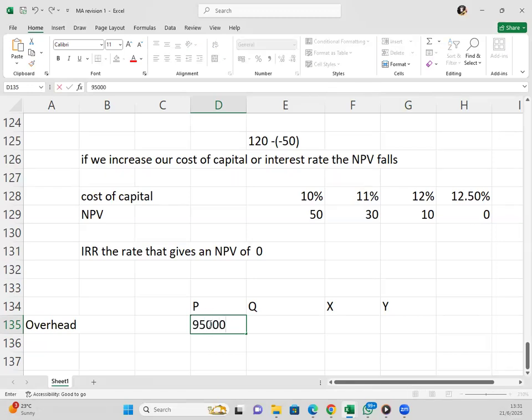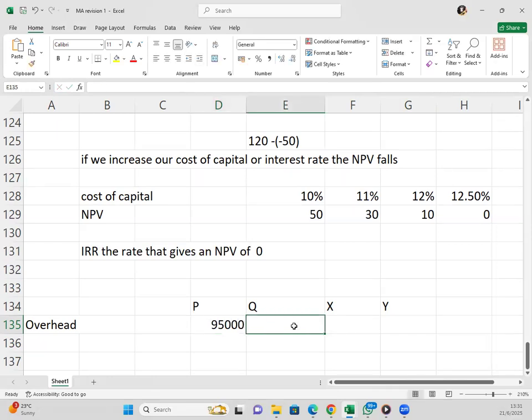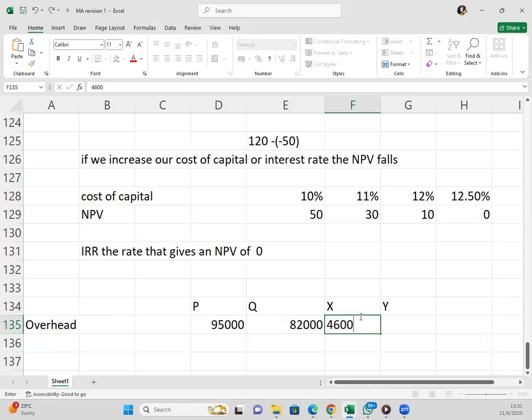Then for Q? 82,000. For X? 46,000. Then for Y? 30,000.